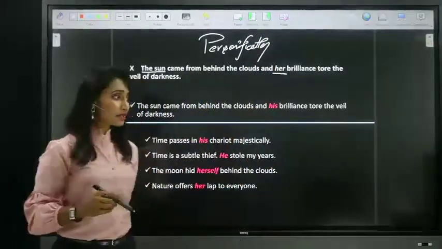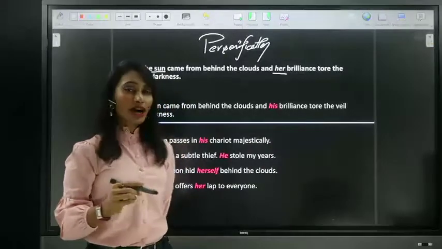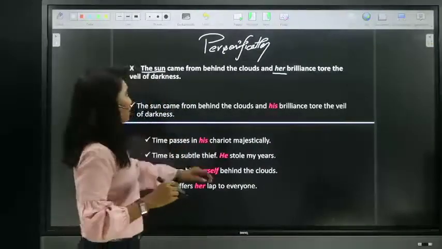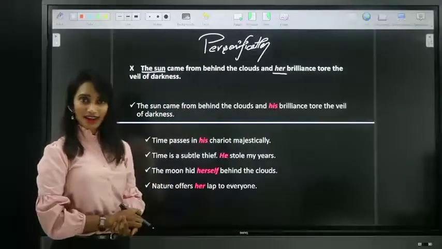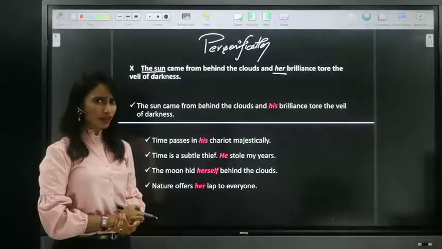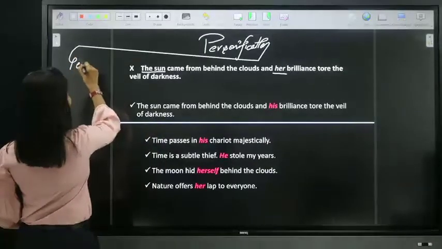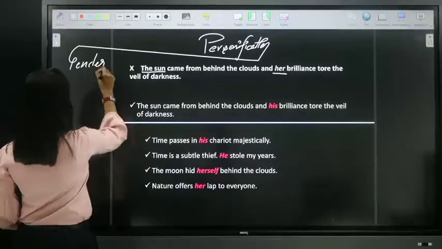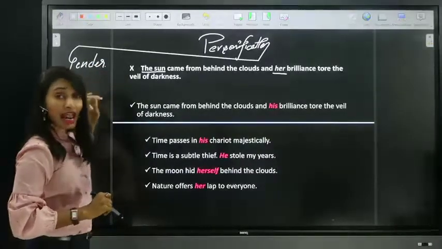So did you remember this? Personification. Good. So under personification, we discussed giving life to non-living objects, right? When we give life to non-living objects, the question of gender arises.